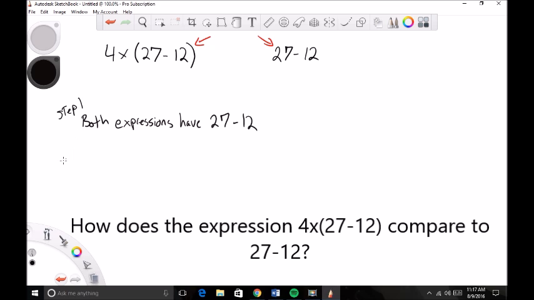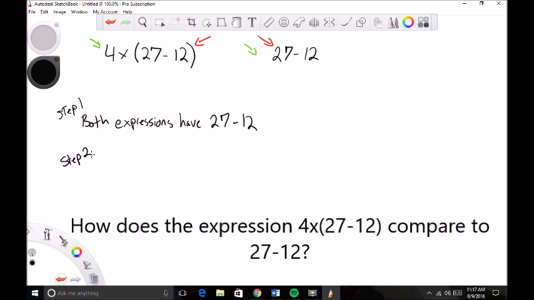Okay, so step 2, how are they different? Okay, one of them doesn't have the times 4? Okay, so you're saying that this one tells us to multiply by 4, and that one just doesn't have it, right? Okay, so maybe for this... Oh, go ahead. Do you have something else? Yes. So I would write this for step 2.